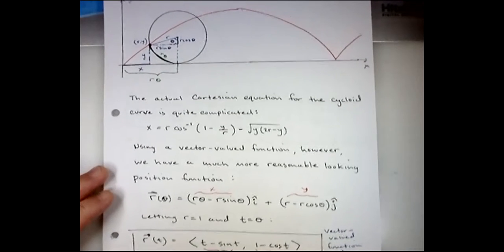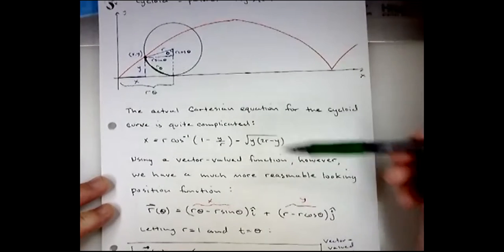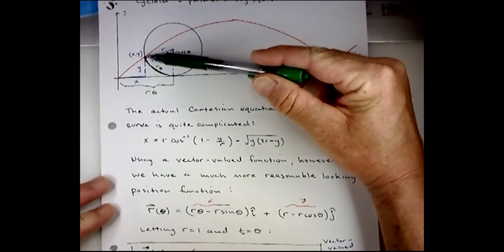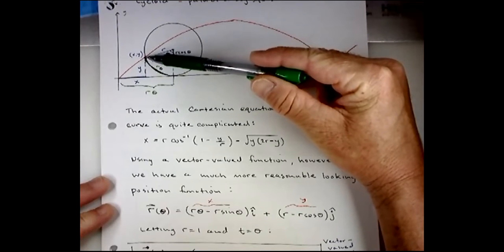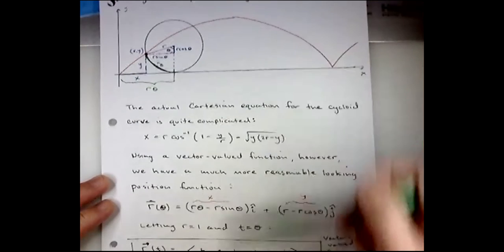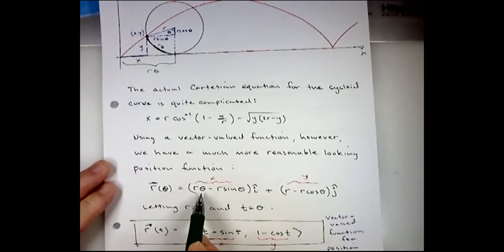If you're interested, I started labeling my picture here using some geometry. We want to figure out a point that will trace where that bug is, the XY coordinate at any moment in time. So you can look at this picture and maybe derive it separately. The X coordinate would be R times theta minus R sine theta, and the Y coordinate would be R minus R cosine theta. Don't worry about the derivation. At this point, that's not that important.